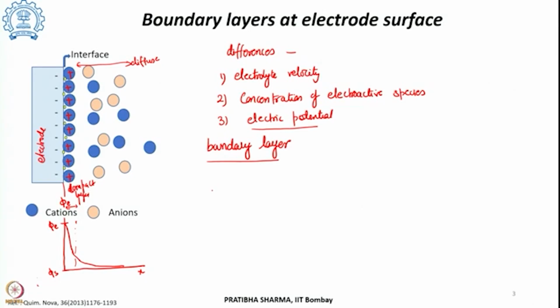Because of the presence of this boundary layer, it acts as if there are two capacitances operating, one because of the compact layer and one because of the diffuse layer.